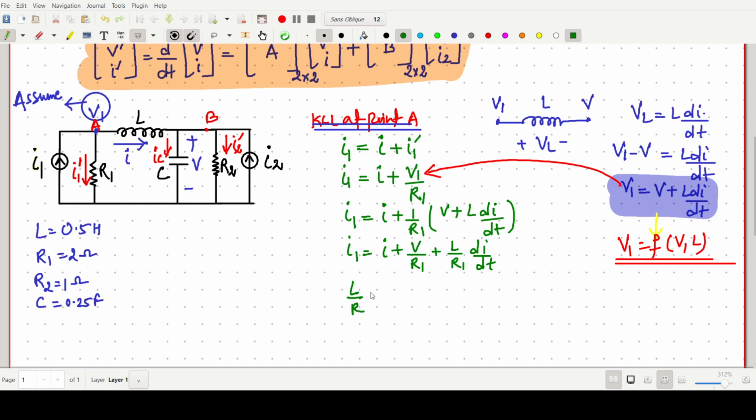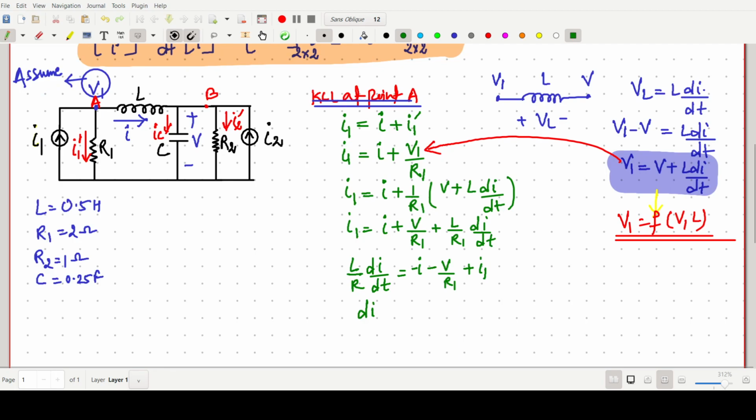Better to write one more line: di/dt equals minus I minus V by R1 plus I1. Very simple. Put all this on the left hand side, then arrange it. So it should be L by R1 di/dt equals minus I minus V by R1 plus I1.